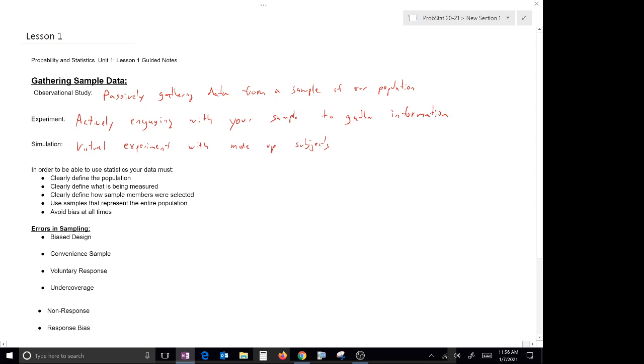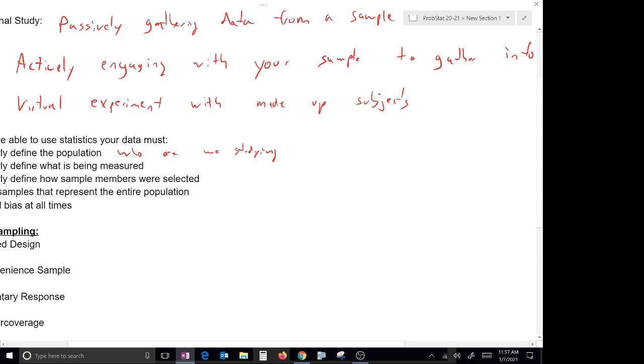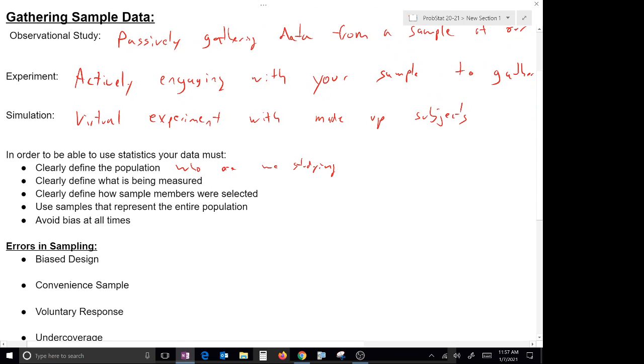Okay. In order to use statistics, any of this data that we're getting, there's a few things that have to be done. We have to clearly define the population. So that's who are we studying? We have to clearly define what is being measured. So what are we studying?